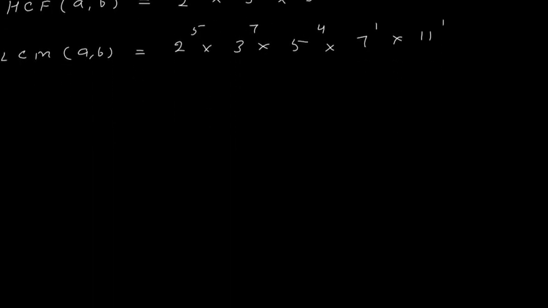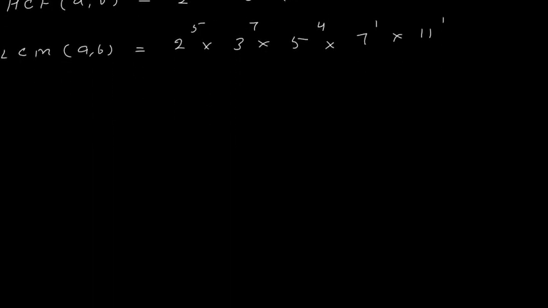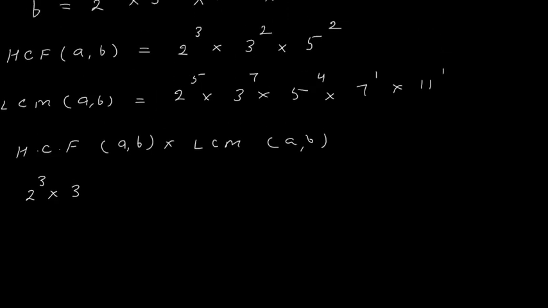Okay, so let us first find HCF of A cross B. We will find the left hand side, that is HCF into LCM of AB. So HCF is 2 power 3 into 3 power 2 into 5 power 2.